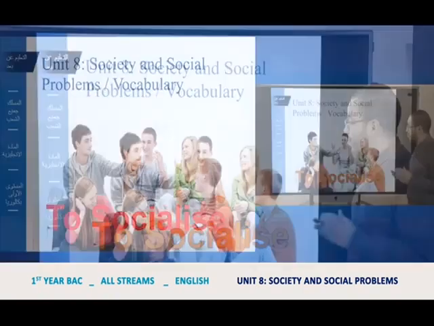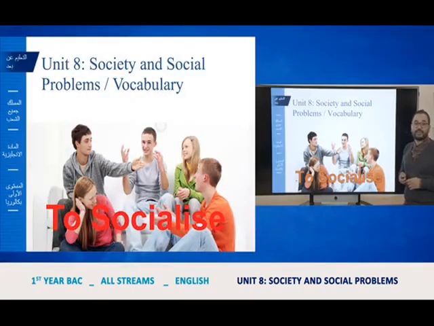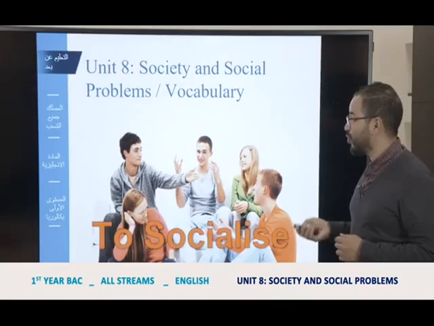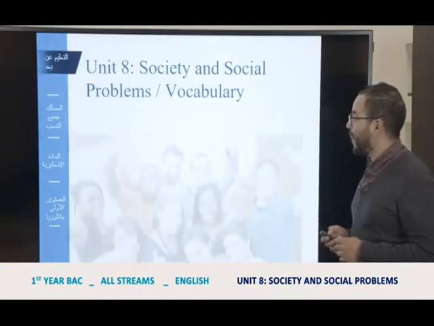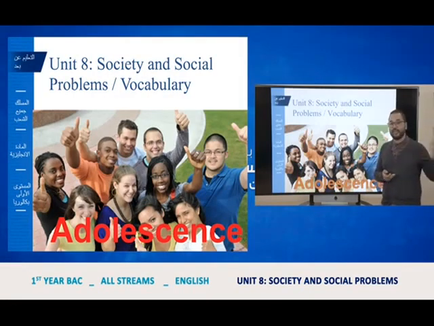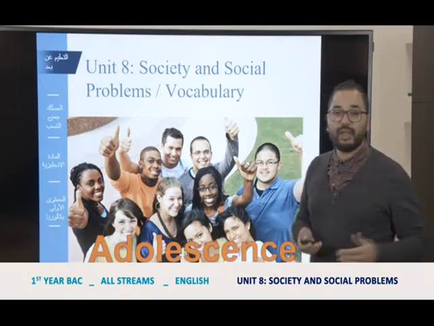Socialize, or to socialize, is a verb which means, for example, when you meet your friends and you go out and meet new people, you share information, you share experiences, so this is socializing. Adolescence, of course, is the age between puberty and adulthood, which means from, for example, the age of 14 or 15 to becoming an adult.